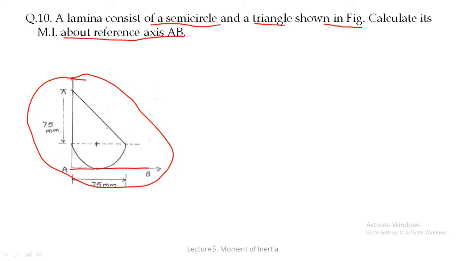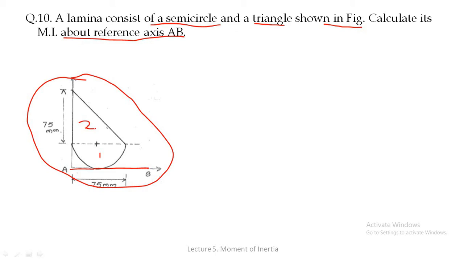In this example there are two different planes: one is the semicircular plane and second is the triangular plane. So with the combination of two planes, we have to find the moment of inertia about axis AB of that combined plane.